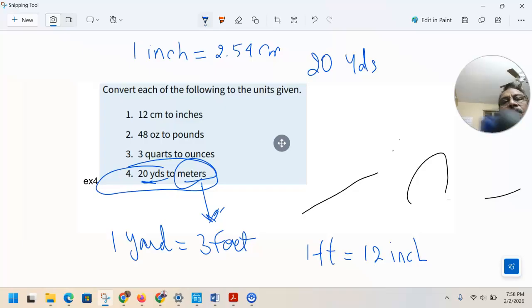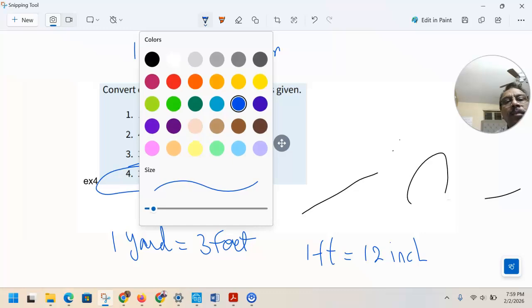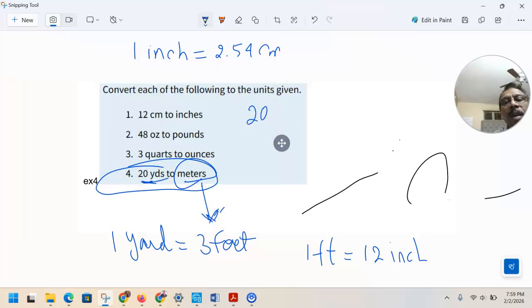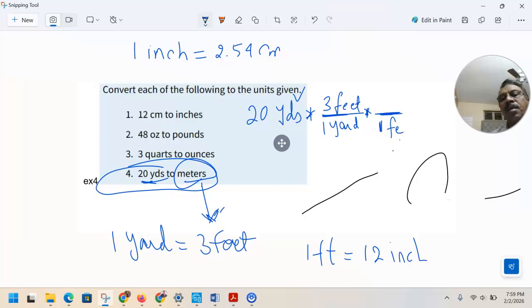So these are the ones we can use. If it is 20 yards, we'll begin with 20 yards. Now multiply by a rate, and the rate is 1 yard, because yard is up here. I'm using 1 yard down is 3 feet. And then again we can write another rate to show 1 foot is 12 inches.